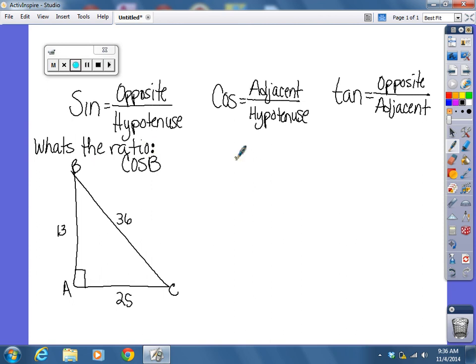How about to sine of B? And to tan of B. So for one corner, you can find three ratios.